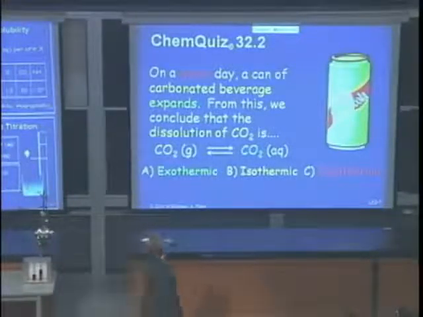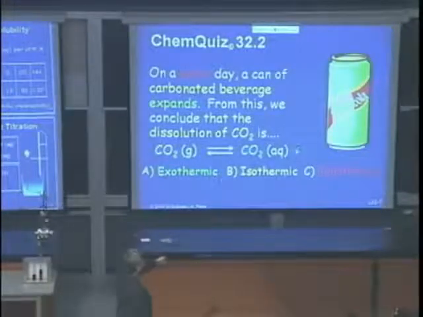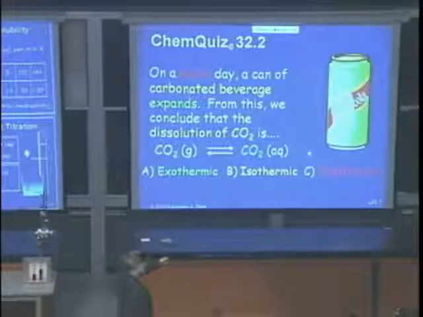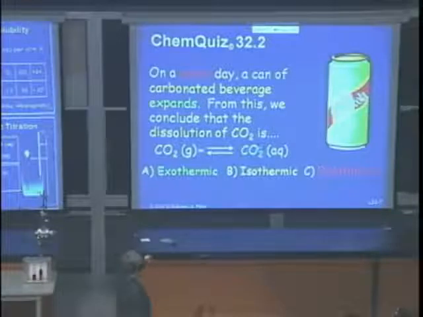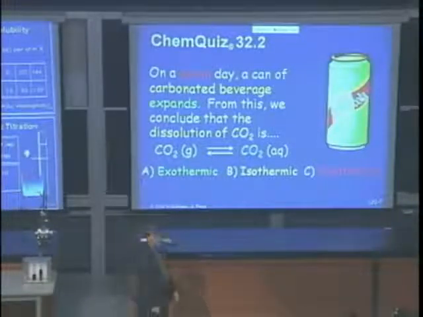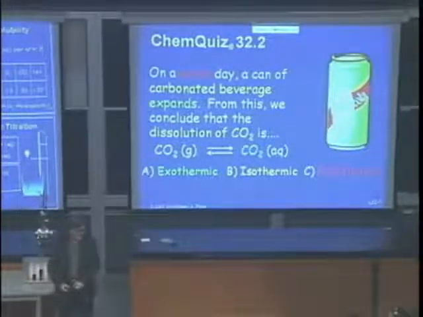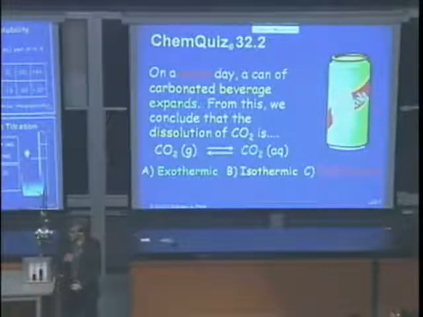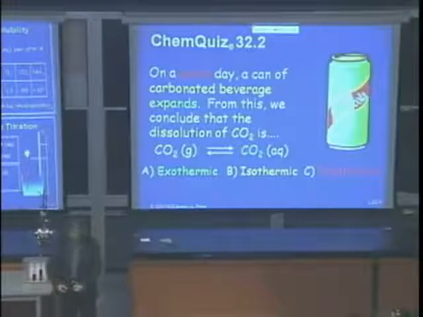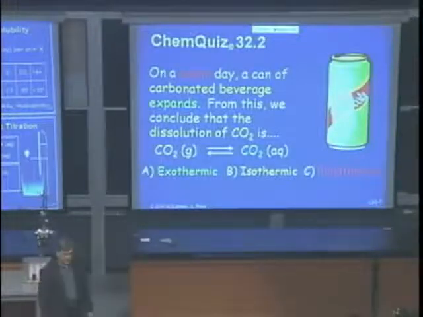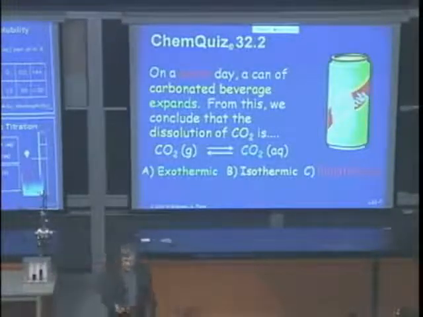Now, if I have an exothermic reaction, heat would be a product. In which direction would I go? To the left. What do I make here? Gas, and the gas has nowhere to go. So it tries to pressurize, it will pressurize that can, and the pressure goes quite high because the temperature got high, and so it will bulge the walls of the can, and if you're lucky, it has not exploded.